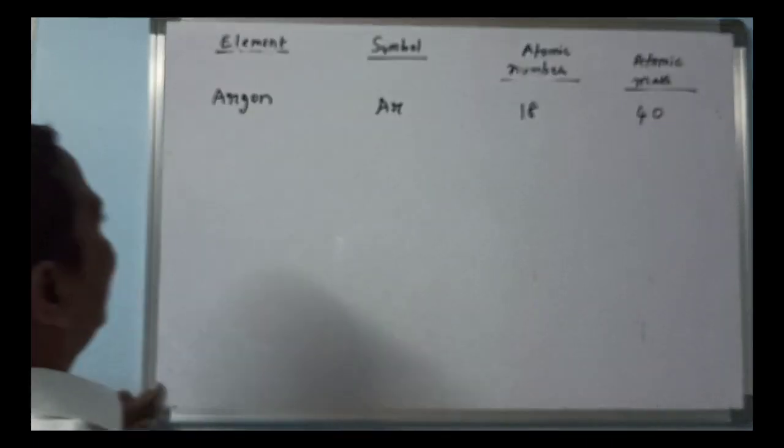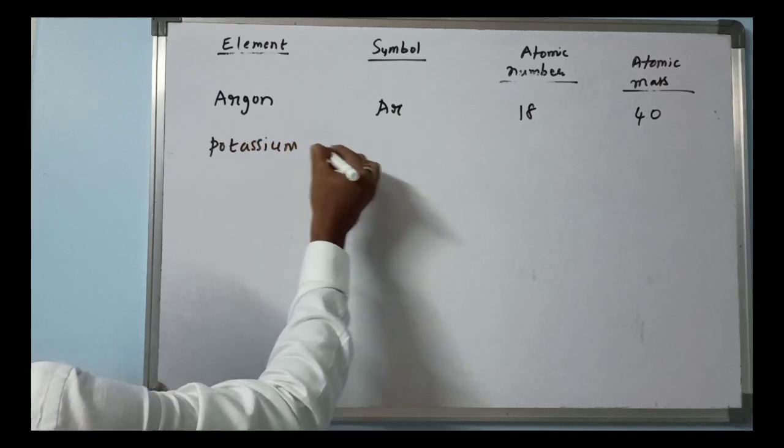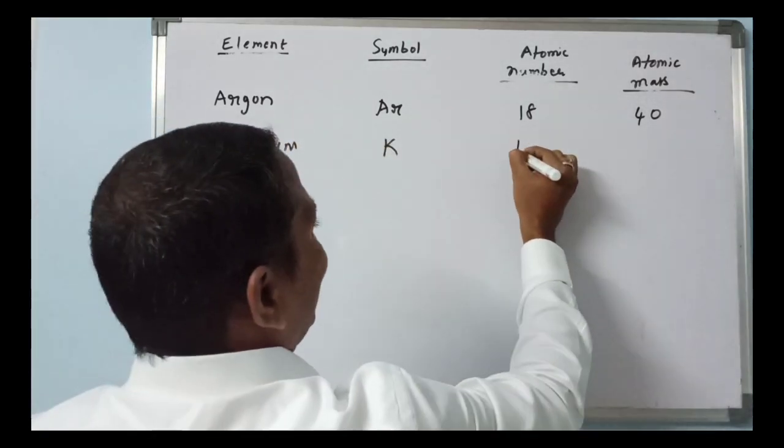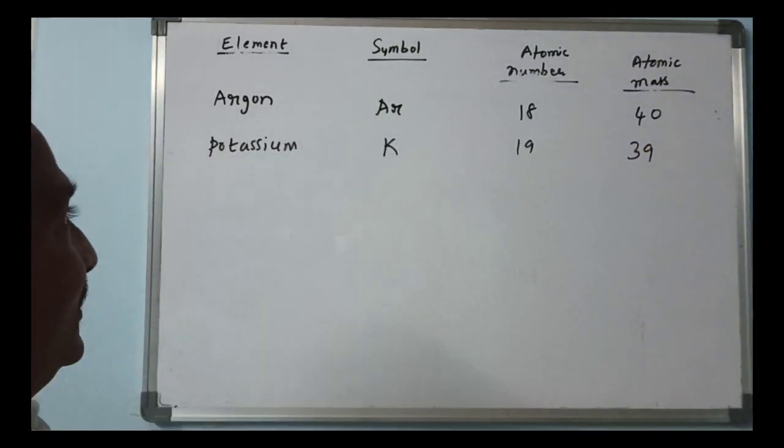Atomic mass 40. Next, potassium. Symbol K, Kalium. Atomic number 19. Atomic mass 39. See this example.